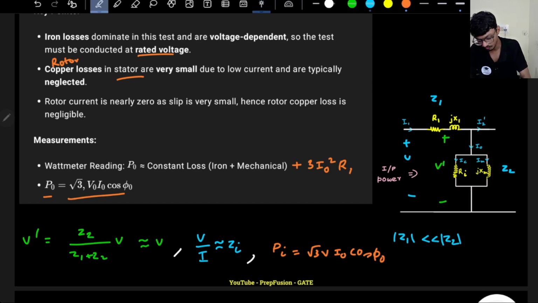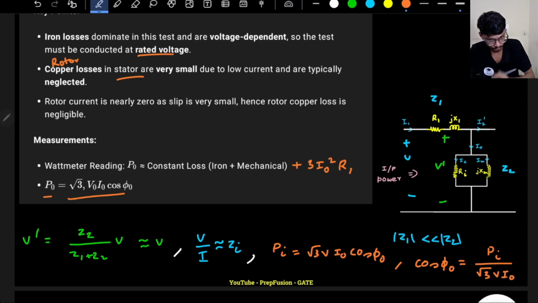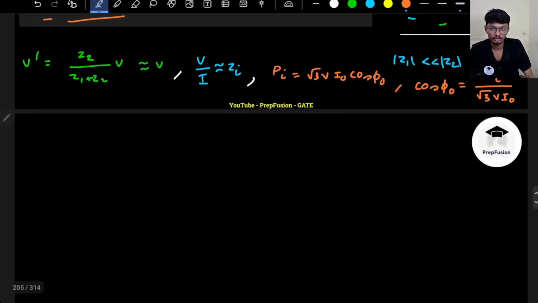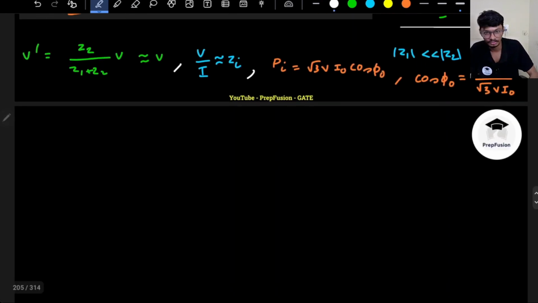So from here I can directly find cos phi O. Cos phi O will be Pi divided by root 3 V into IO. So this is what my cos phi O is, and from here you can easily find the other values.